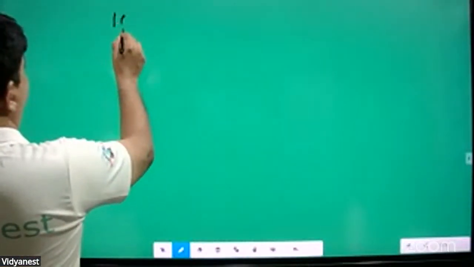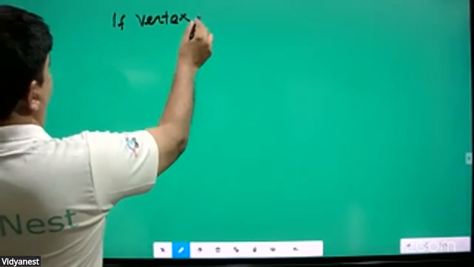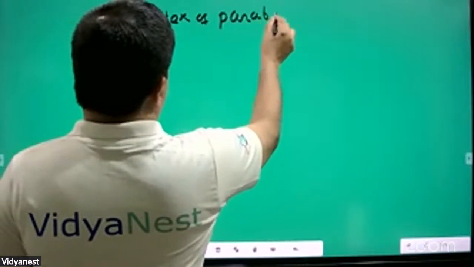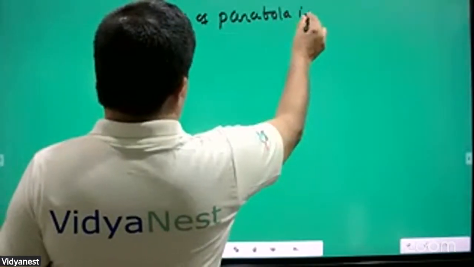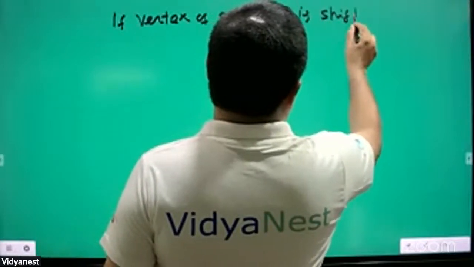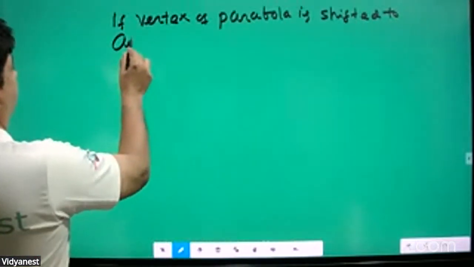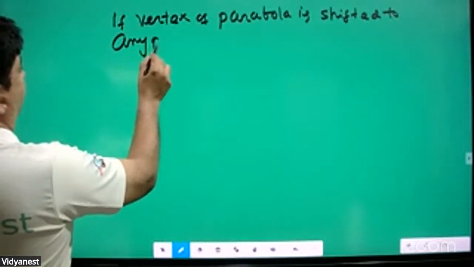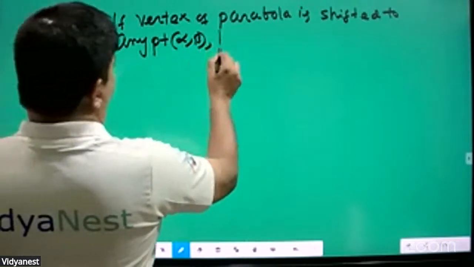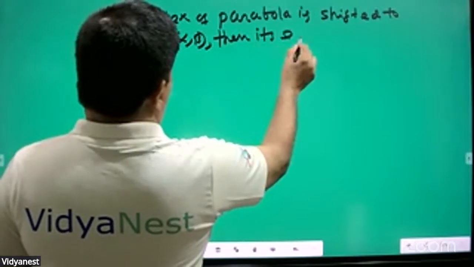If the vertex of the parabola is shifted to any point alpha beta, then its equation.